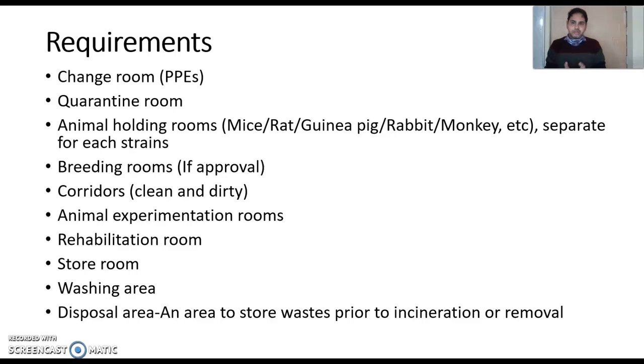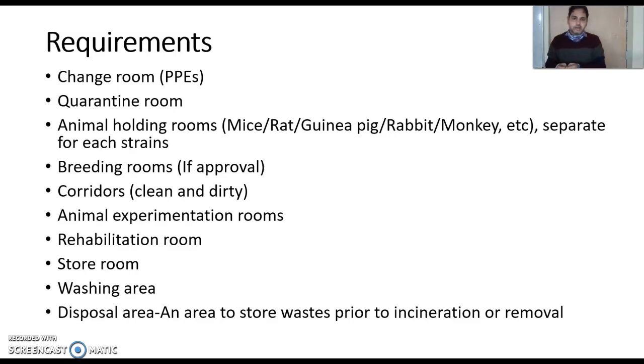You should also have animal holding rooms, and the number of animal holding rooms will depend upon your requirements. Suppose you are planning to keep only rat and mice, then you should have a separate room for mice and a separate room for rat. But in mice or in rat, if you are planning to keep two or three strains, every strain has to be kept in a separate room.